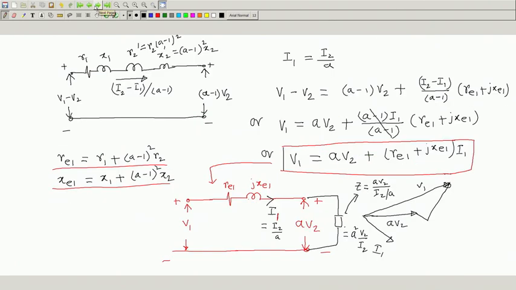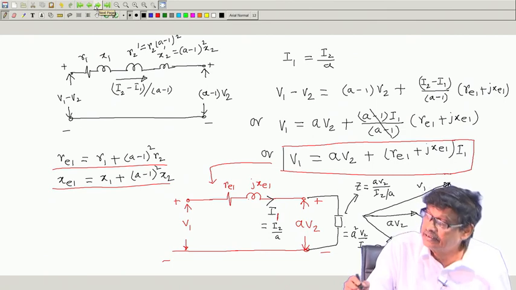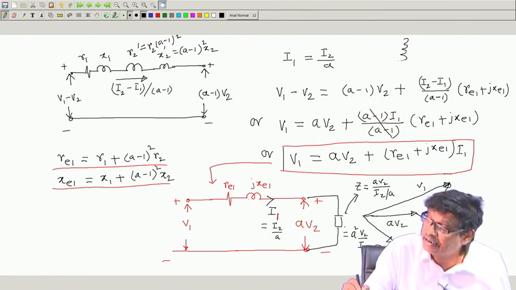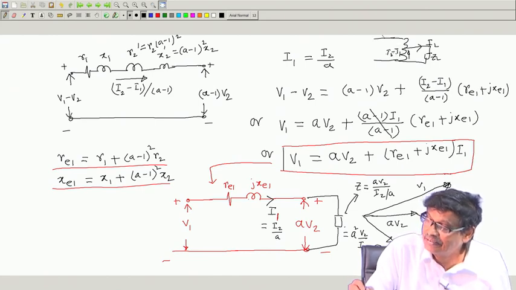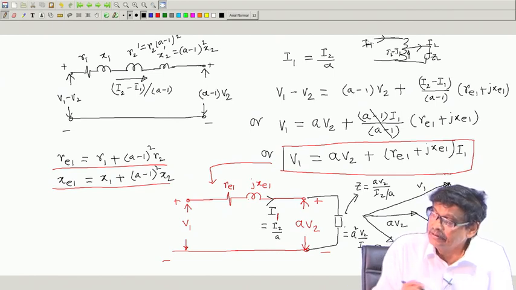That is, if I say across the output terminals of the auto transformer, that is here, if I draw it to highlight that, if it is Z2, this is I2 and this is I2 minus I1, and this is I1, is it?